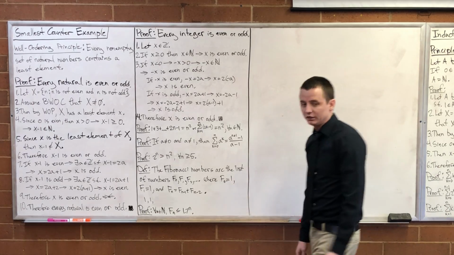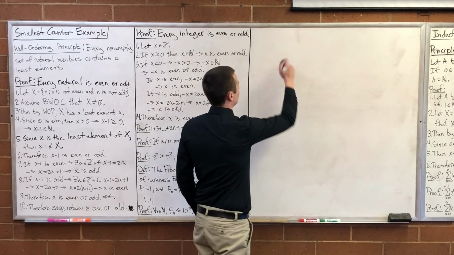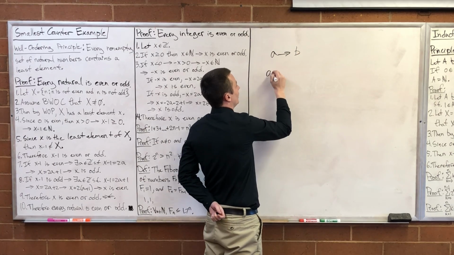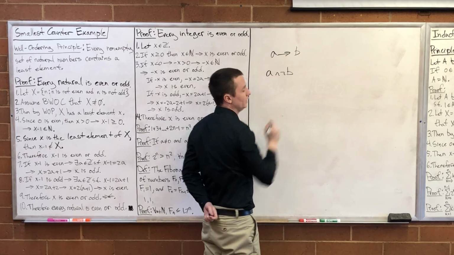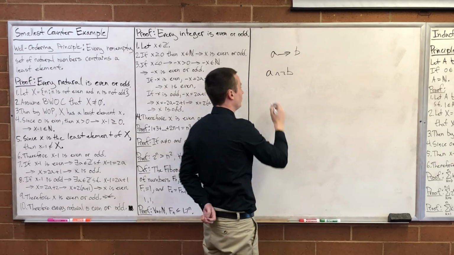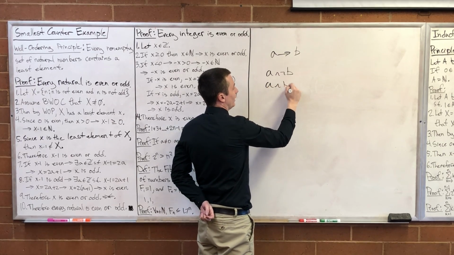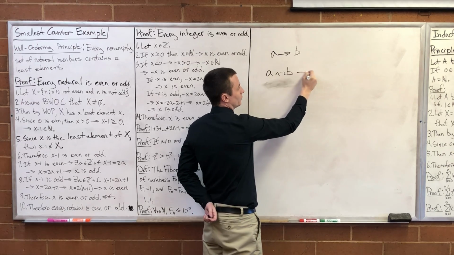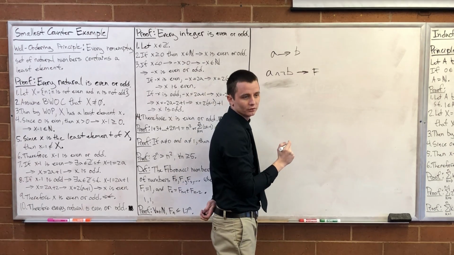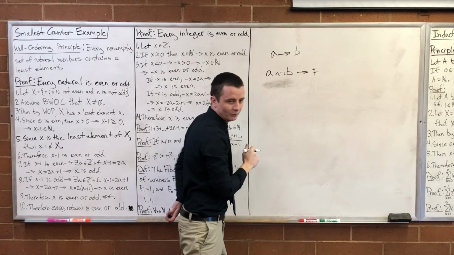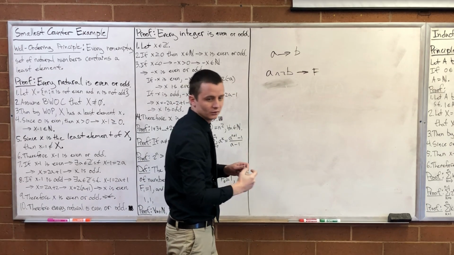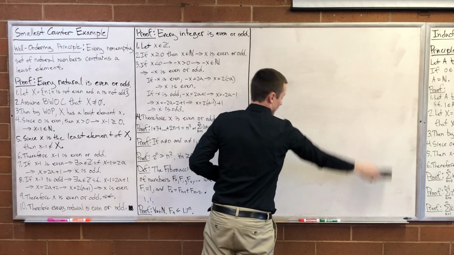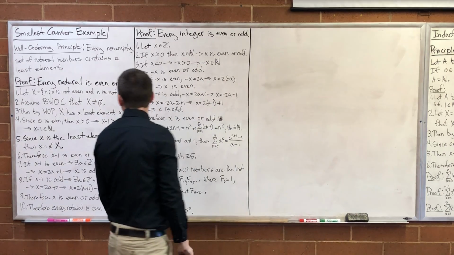And then contradiction was we showed, so we were trying to show A implies B. We showed A and not B is impossible, or implies something false. This was logically equivalent to this, right? Remember this? Yeah. Okay.